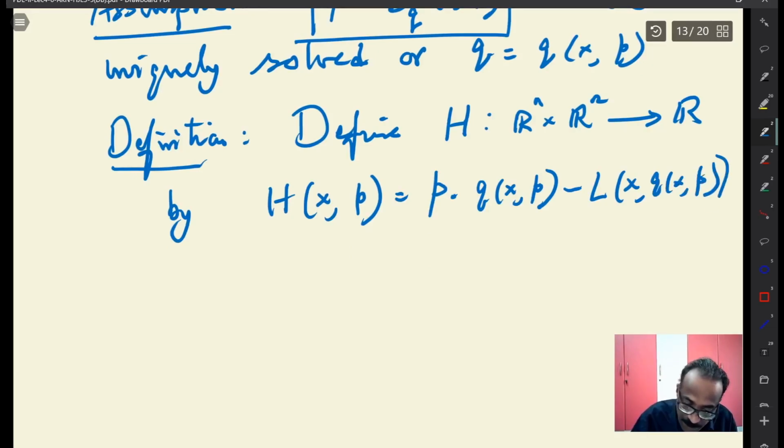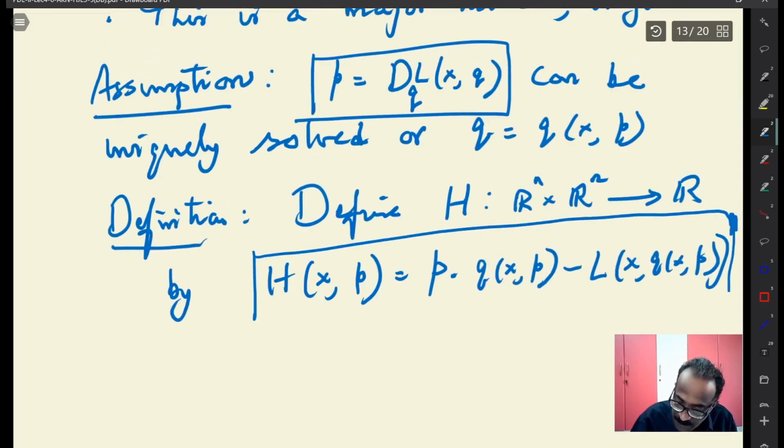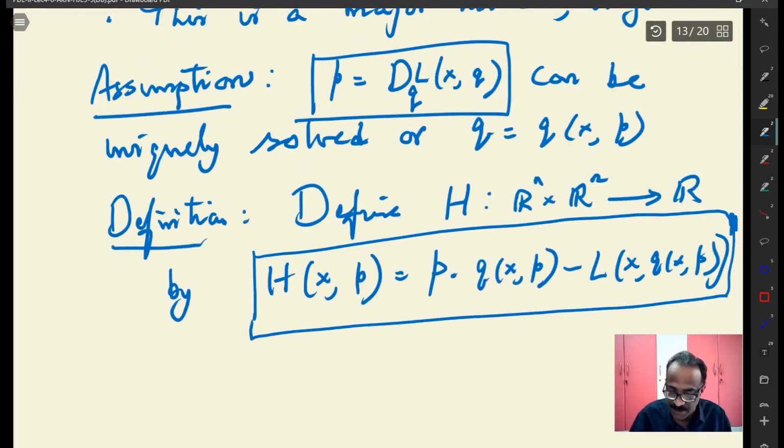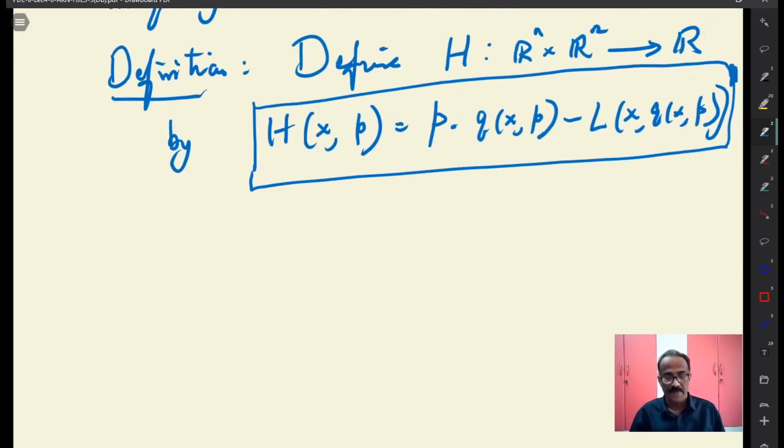This is my Hamiltonian for this equation.